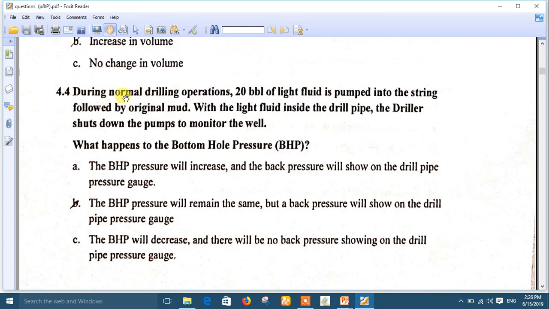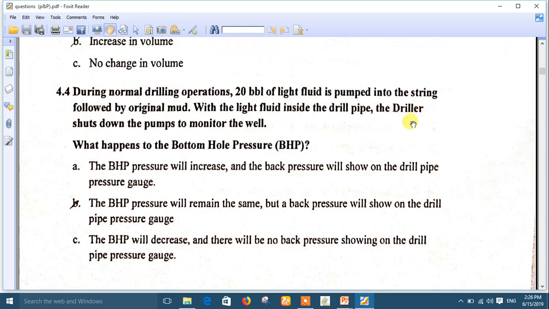During normal drilling operation, 20 barrels of light fluid is pumped into the string. Light fluid means its density or mud weight is less than the normal drilling mud weight. It is followed by the original mud, with the light fluid inside the drill pipe, and take care of this word inside.